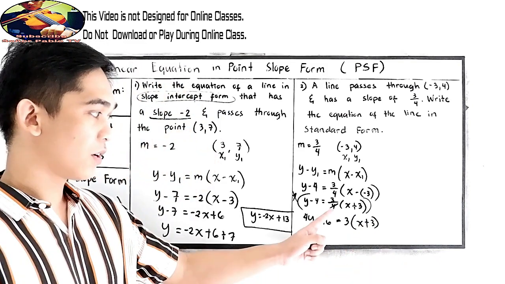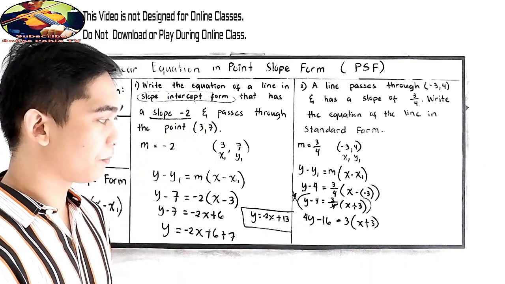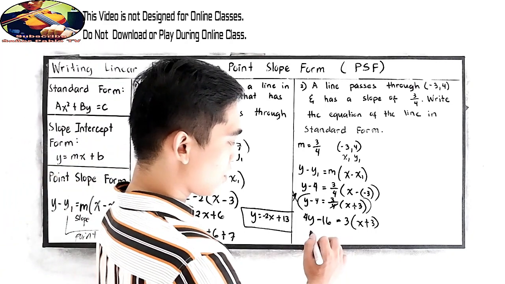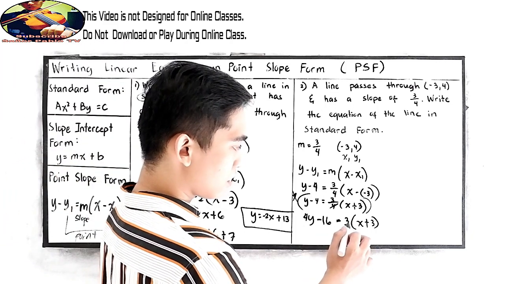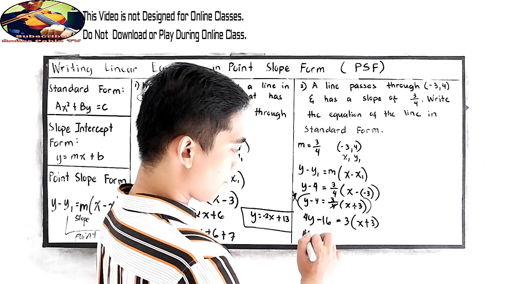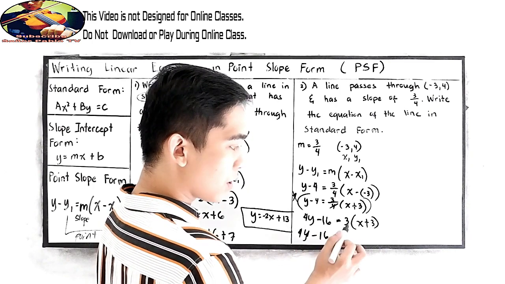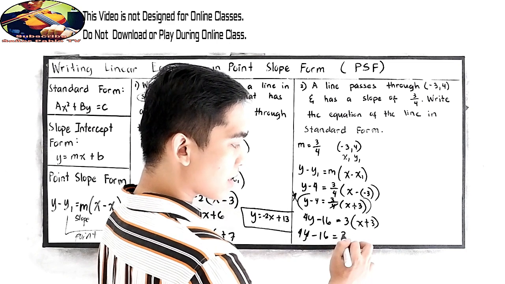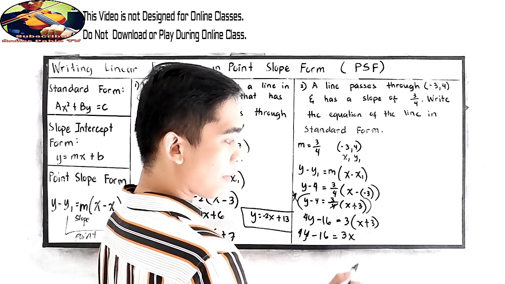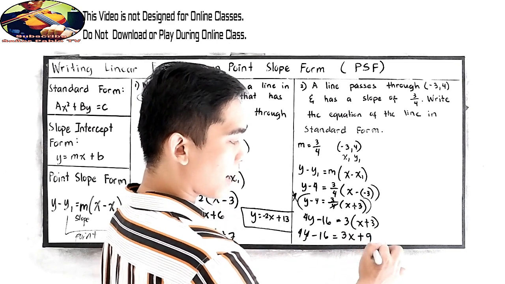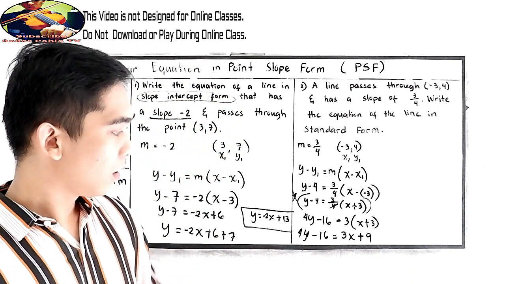So we don't have our denominator anymore. So we have 4y minus 16 is equal to 3 times x, that is 3x, 3 times positive 3, positive 9.